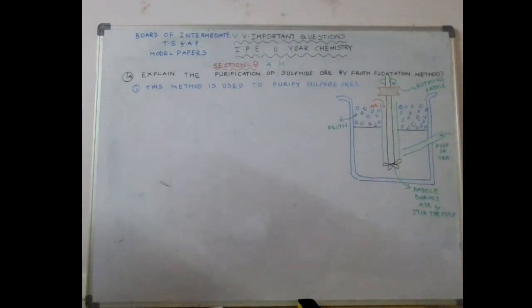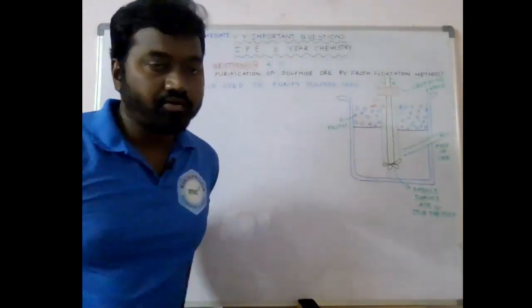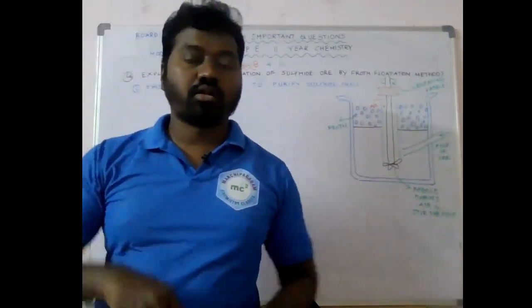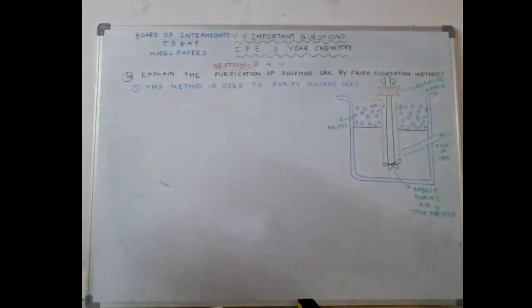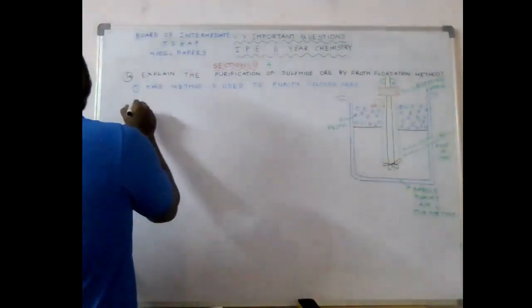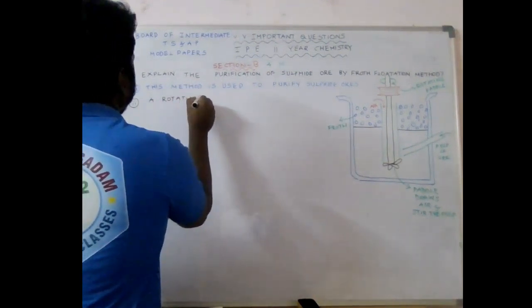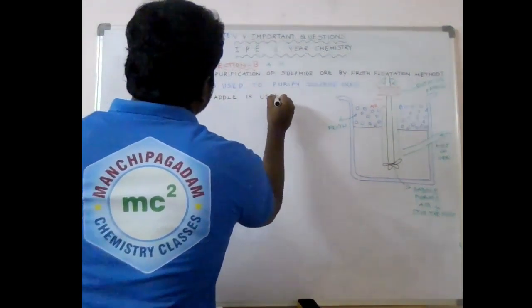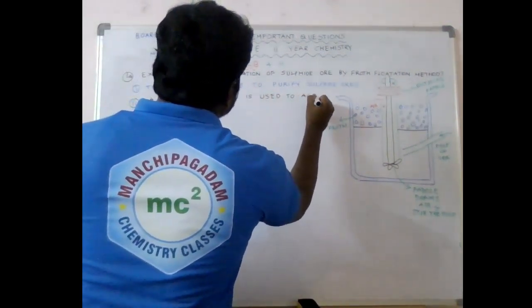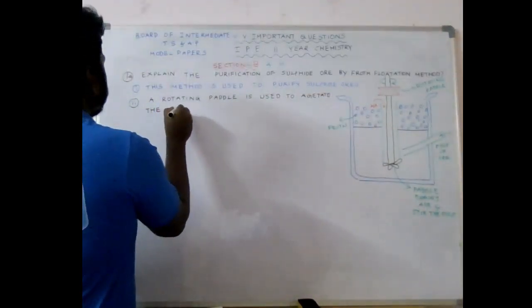First, what we have to take? We have to take the powdered sulfide ore and keep it in water. That is called a suspension, meaning all the particles will not settle down in the container. To agitate that suspension we are using what? A rotating paddle. A rotating paddle is used to agitate the suspension.